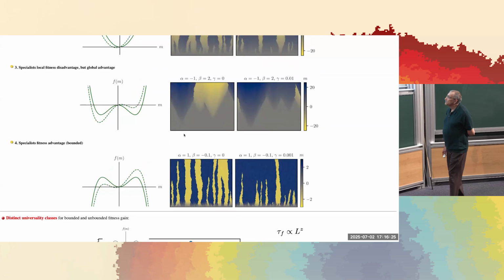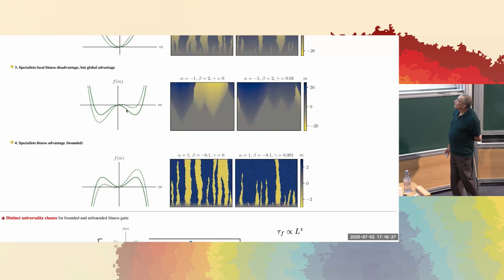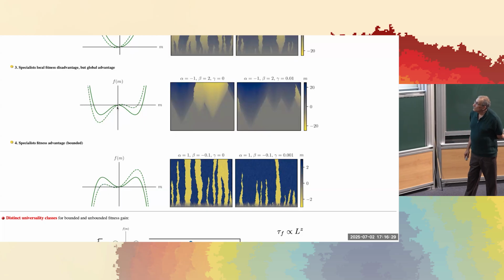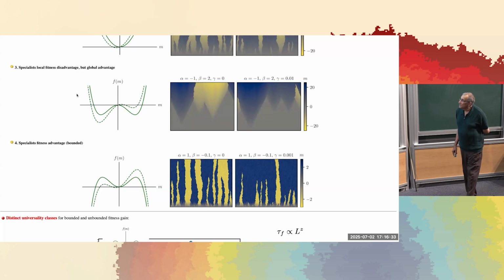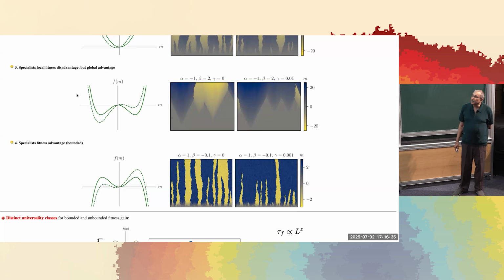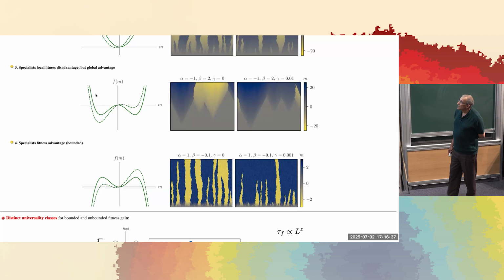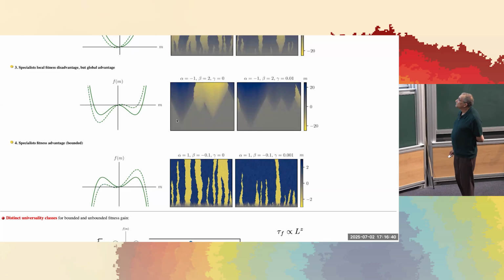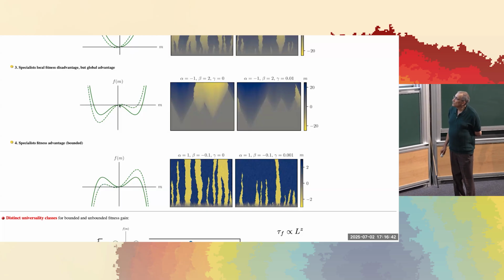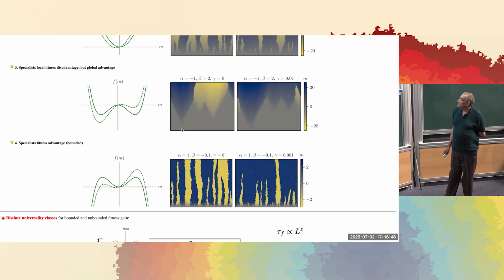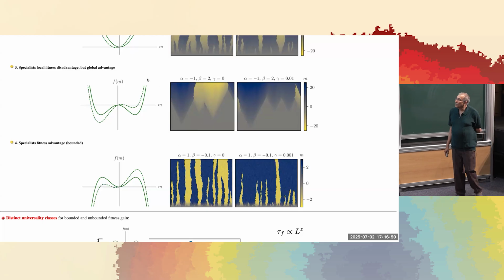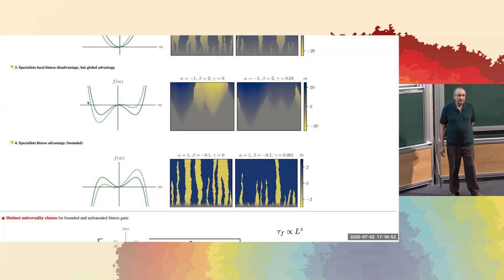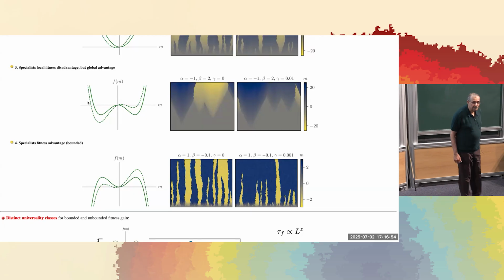Another type of free energy landscape is one where locally m equals 0 is fit, but globally specialization gives you advantage. And then in this case, you have to wait for a while until fluctuations get you over this barrier, and then you have these explosive events in which one or the other of these species rapidly takes over.